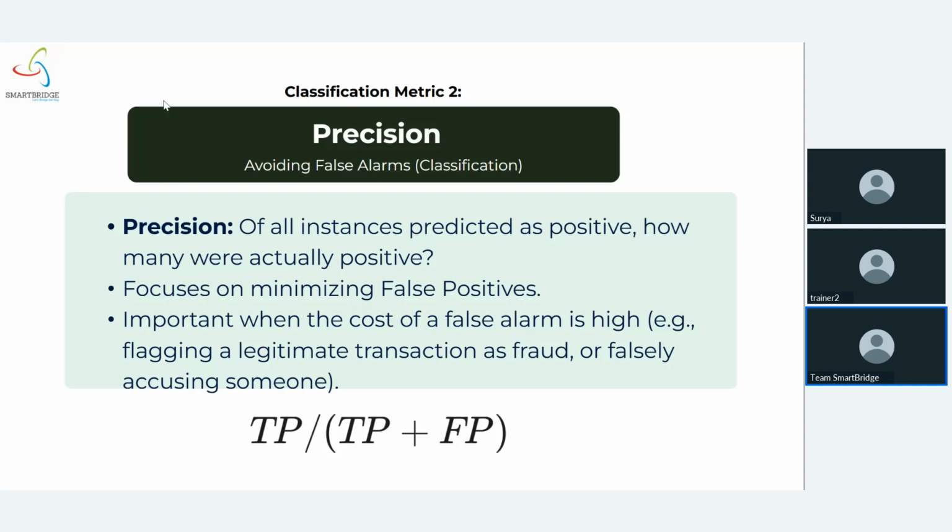It answers the crucial question: for all the times our model said something was positive, how many times were the model's predictions correct? Here it told true positive one time and false positive one time. So precision is true positive divided by true positive plus false positive.